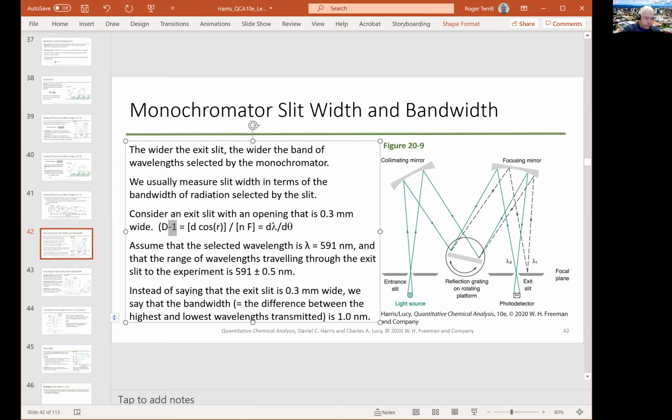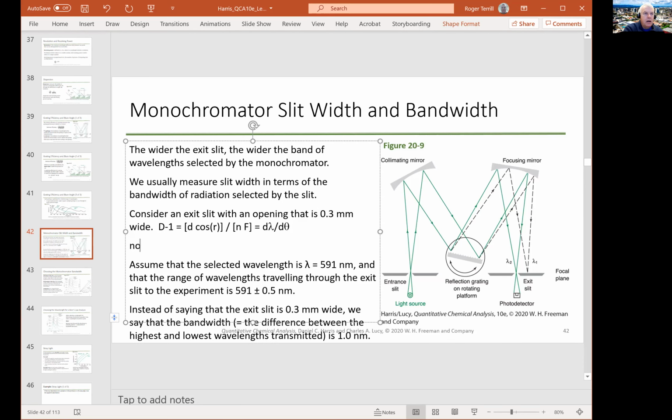This is reciprocal dispersion. It's supposed to be superscripted. Basically, normally what you want is a fairly small change in lambda for a given change in d theta, right?